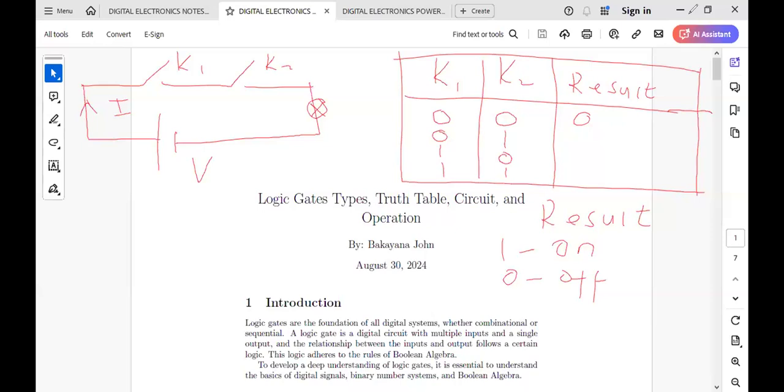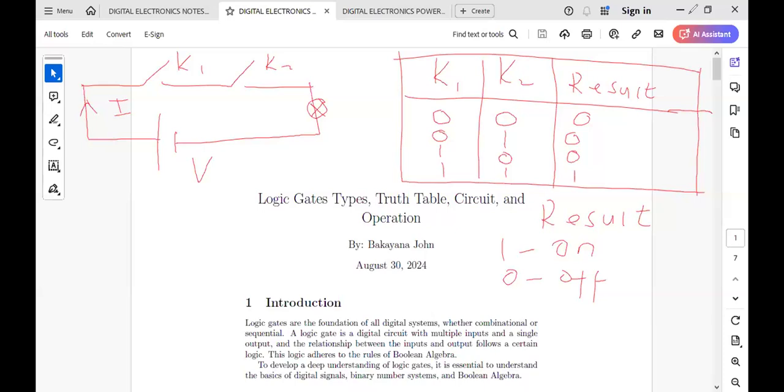There won't be light given by the bulb because voltage won't be flowing through to the bulb. Yes, so that means that we shall have a 0. And so we have a 0 for the second case, because for as long as one switch is open, the circuit is not complete. So we have a 1 when both switches are closed. Is that okay? Yes.